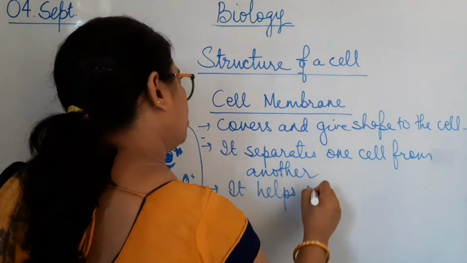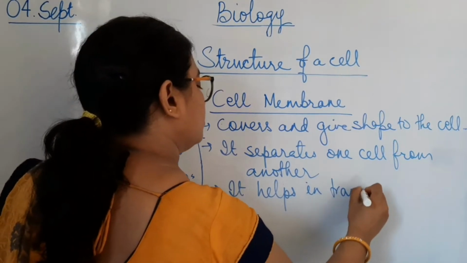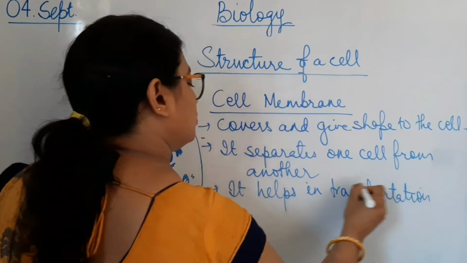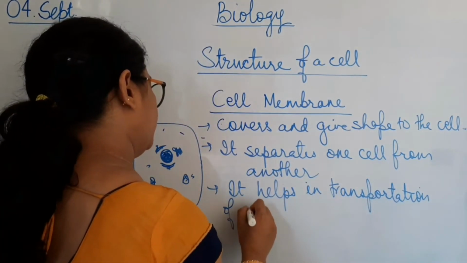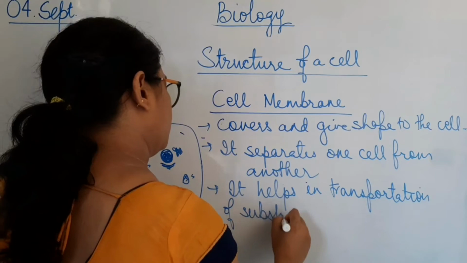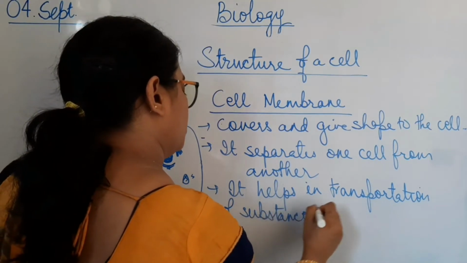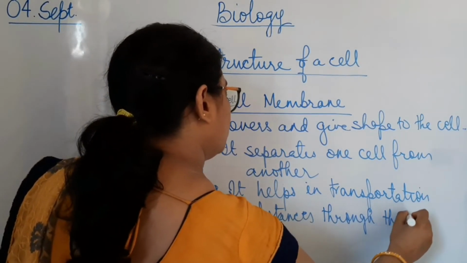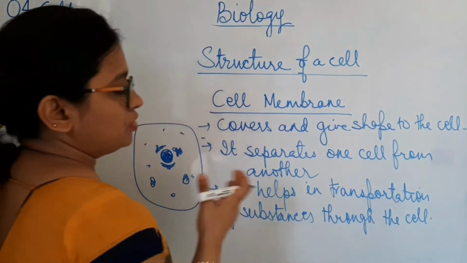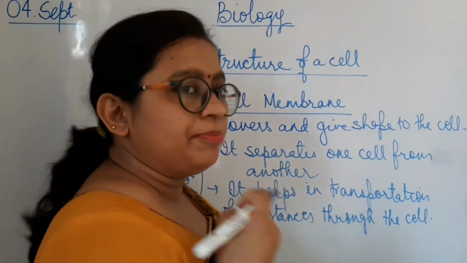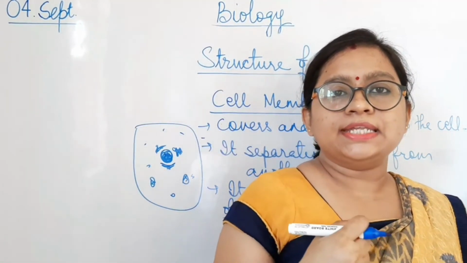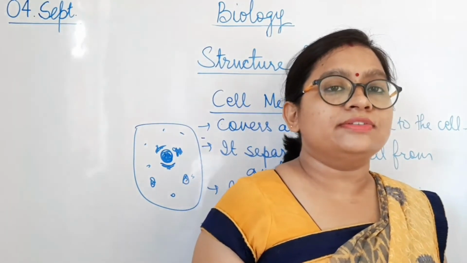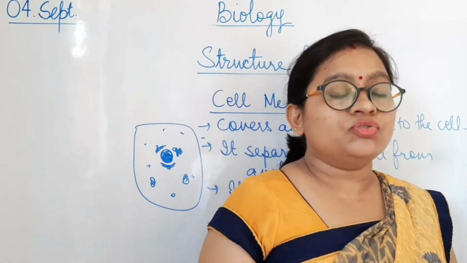It helps in transportation of substances through the cell. So basically the cell membrane is very important. In case the cell membrane ruptures or breaks down, it will not let the cell survive. So the cell membrane is very important.